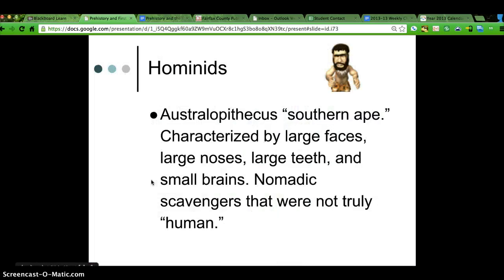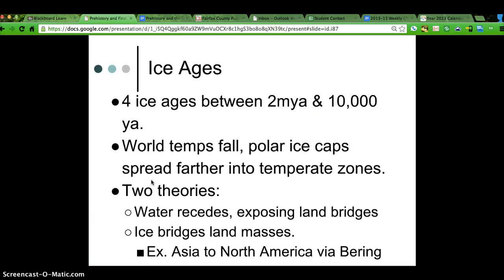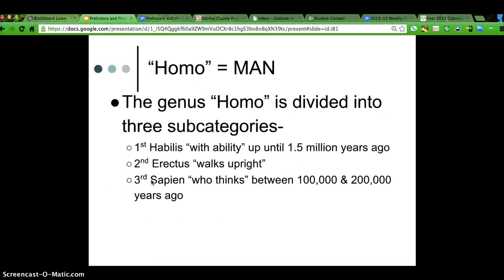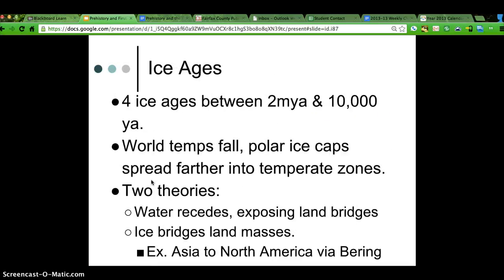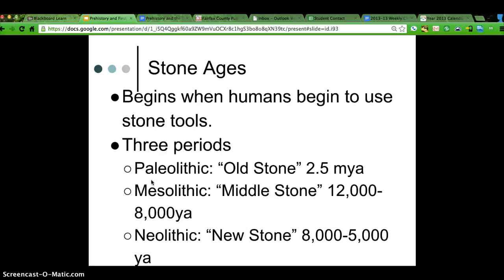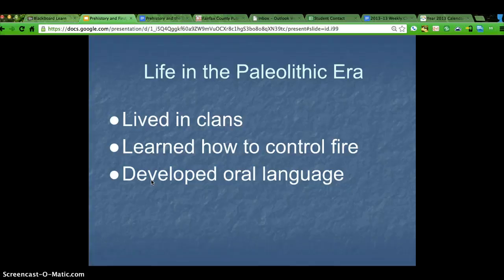Next, we're going to go through, and this is not needed in your notes, ice ages, where the ice at the poles is going to go up and down and change where man lives because of the land mass being covered or not covered or partially covered. We're going to get through, again, the Stone Age we've just mentioned, which brings me to what life is like in Paleolithic.